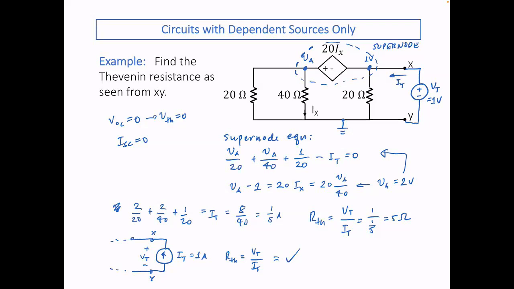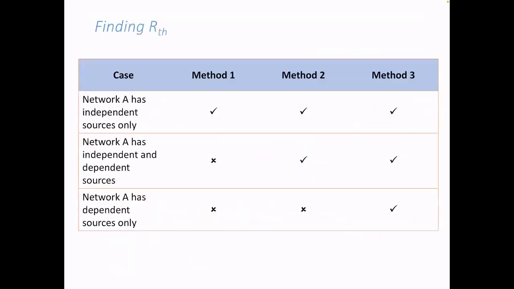Any questions? Okay, I just wanted to summarize, no? How do we find RTH? So 3 cases. Network has independent sources only. Network has independent and dependent sources, or network has dependent sources only.